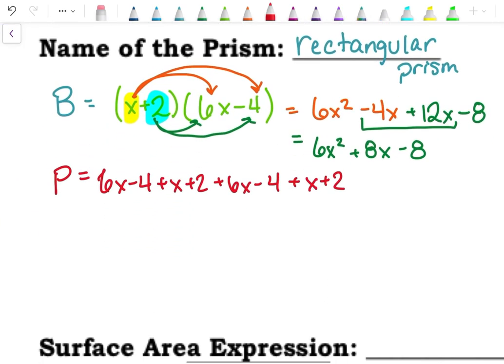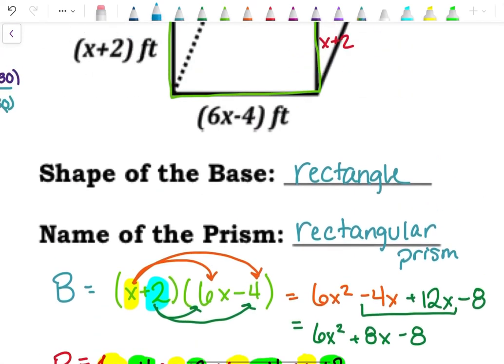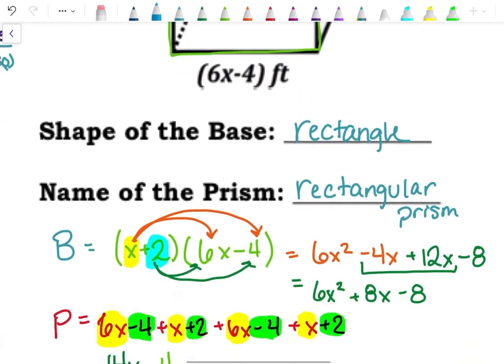We combine like terms where we see them. Those are all x's. That comes out to 14x. And then I have minus 4 plus 2 minus 4 plus 2, which comes out to minus 4. So 14x minus 4 is the perimeter. Then I need the height of the prism, which is 2x.